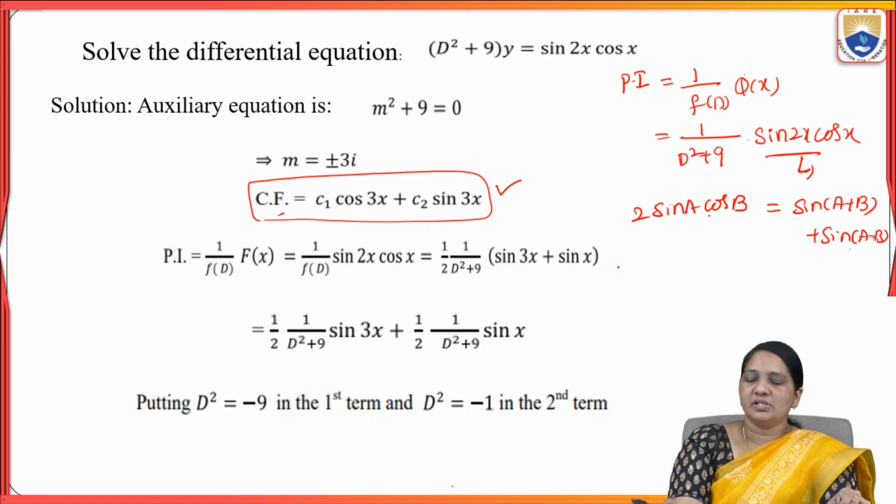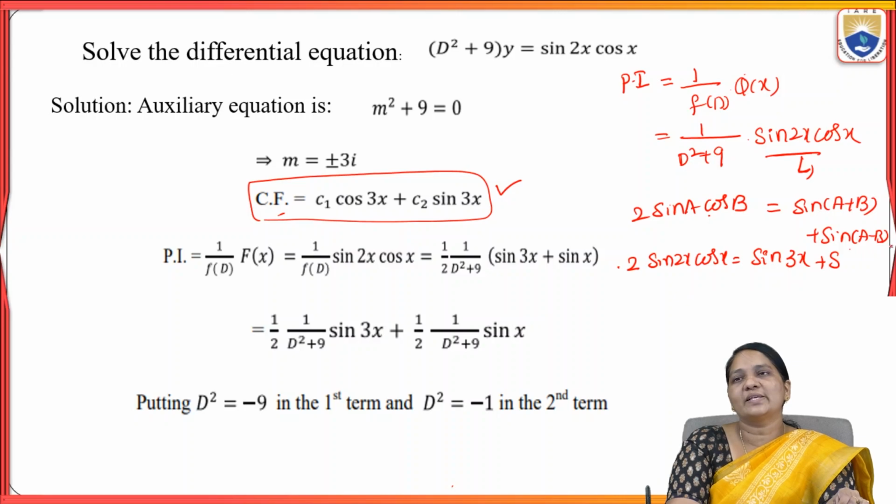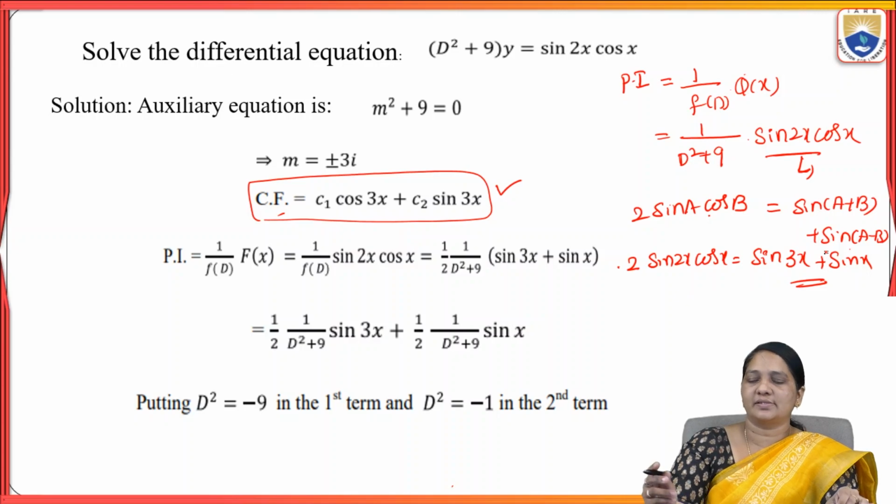According to this formula, I am writing 2 sin 2x cos x is equal to sin of 2x plus x, that is sin 3x, plus sin of 2x minus x, that is sin x. So in place of 2 sin 2x cos x, I can write sin 3x plus sin x.